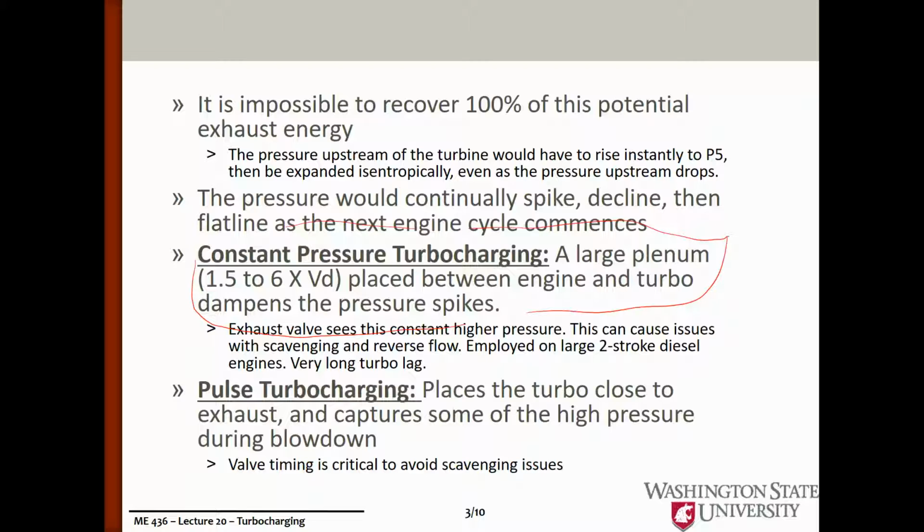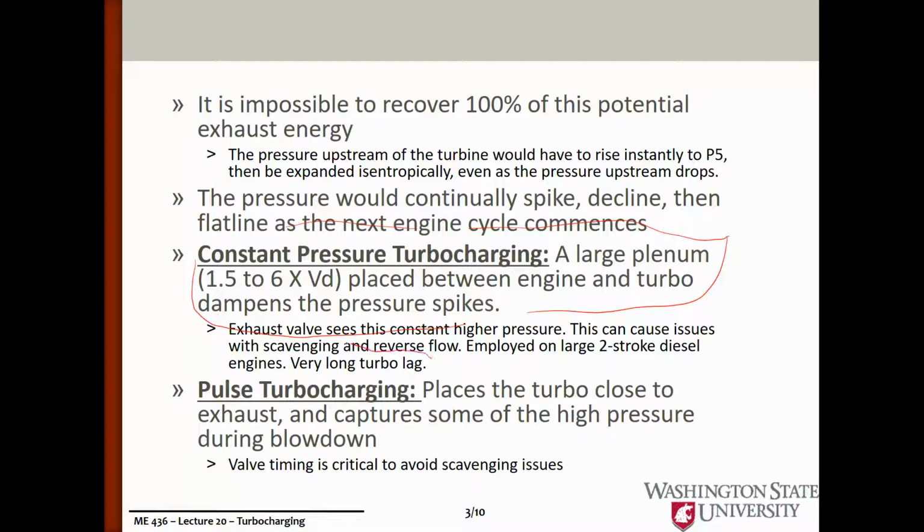It remains close to constant pressure as the engine's running, and thus the turbine fan can spin at constant speed and provide a steady amount of boost to the compressor. The large volume essentially dampens the pressure spike behavior.